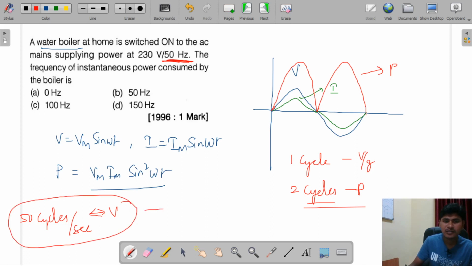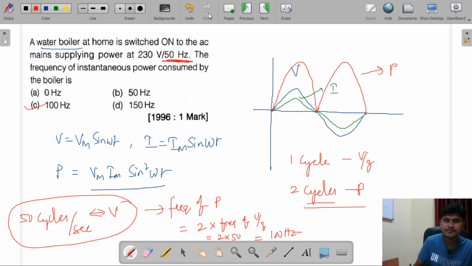Then what will be the frequency of instantaneous power? Frequency of instantaneous power is equal to 2 times the frequency of voltage, which is equal to 2 into 50. Then you are going to get 100 hertz.